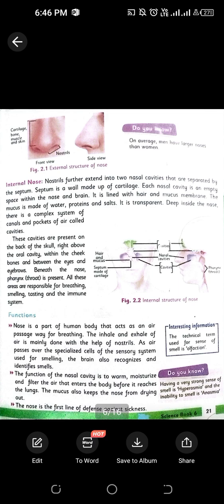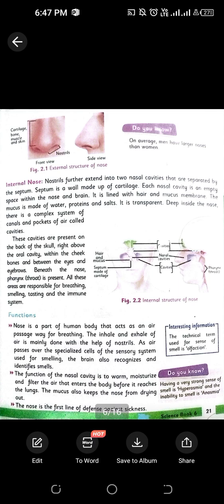The function of the nose is that it is the passageway for breathing. The main function of the nose hair is to purify the air, the oxygen that we are inhaling. Microorganisms and infections get stuck in the nose hair and will not be able to move into the body or into the brain.